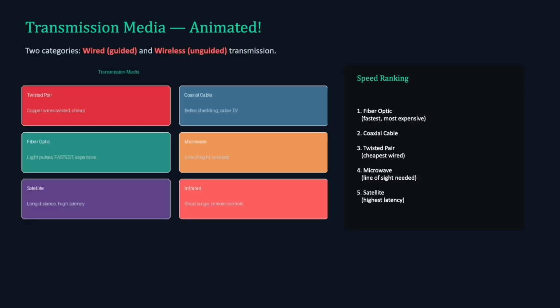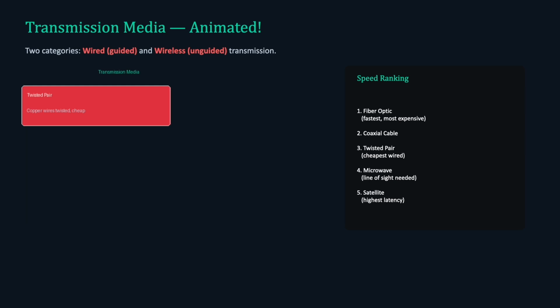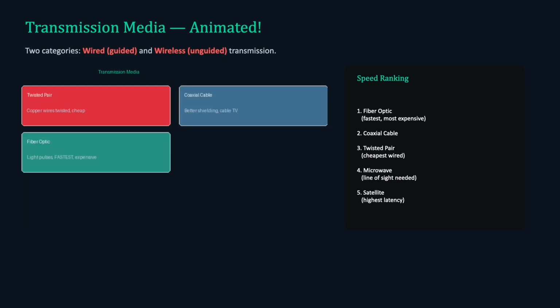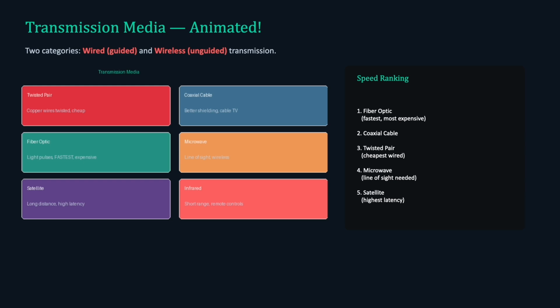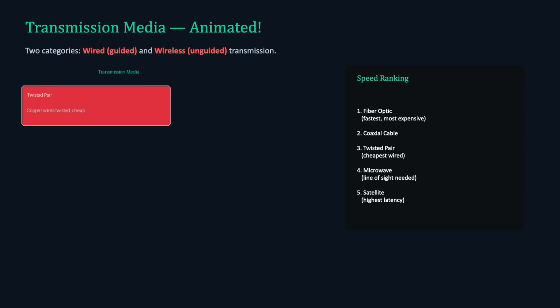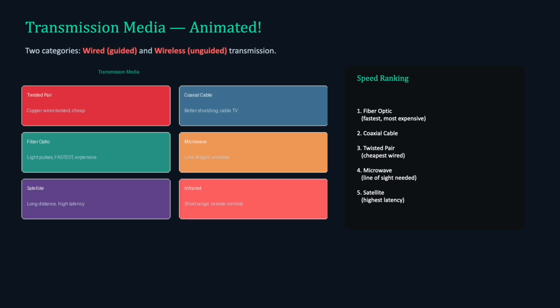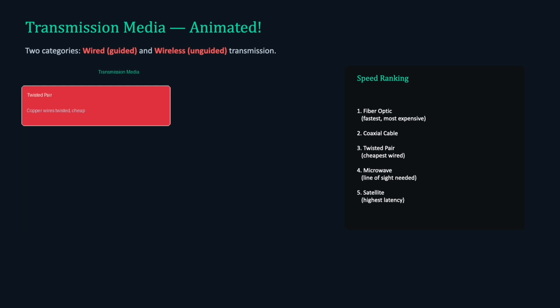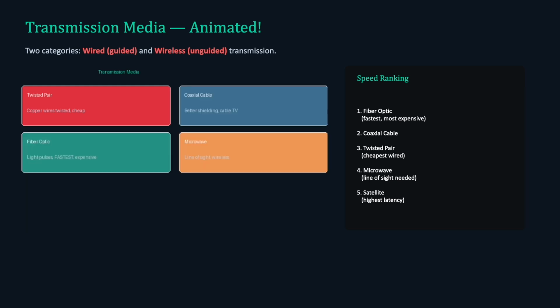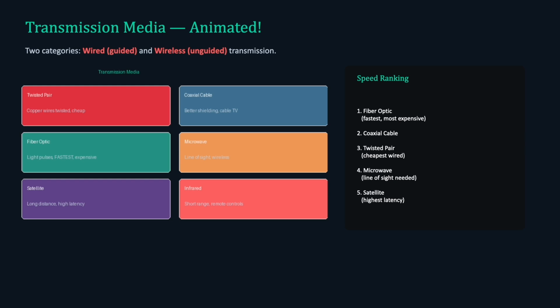Two categories: wired or guided media, and wireless or unguided media. Watch them appear. Twisted pair cable uses copper wires twisted together. Cheap, commonly used for telephone and Ethernet. Coaxial cable has better shielding, used for cable TV.